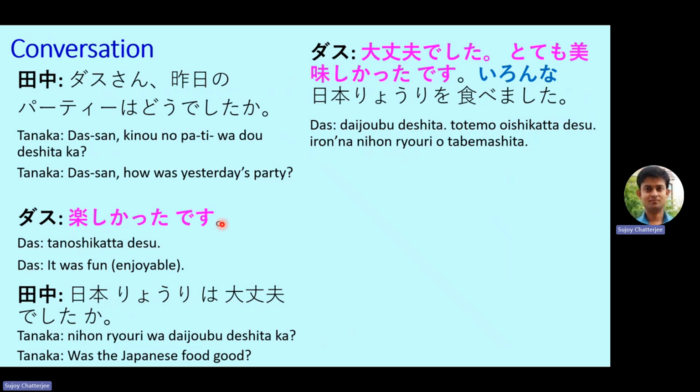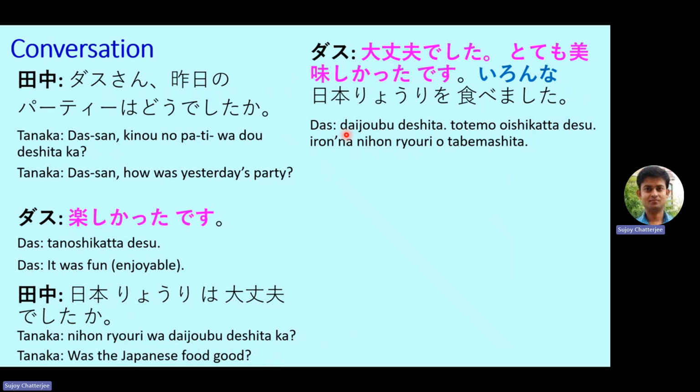Tanoshikatta is fun, it was fun, the past tense of tanoshii. Then Das-san says, daijoubu deshita. Totemo oishikatta desu. Ironna nihon ryori o tabemashita. Before I give you the translation, try to understand by yourself what he replied. Daijoubu deshita. That means it was good, because the question was daijoubu deshita ka?